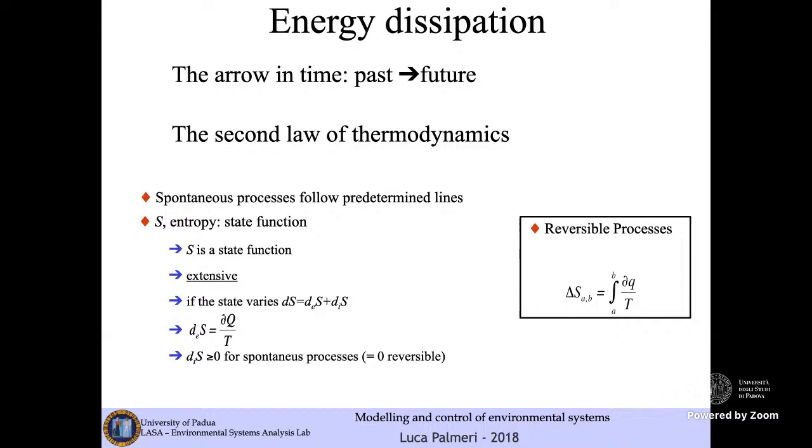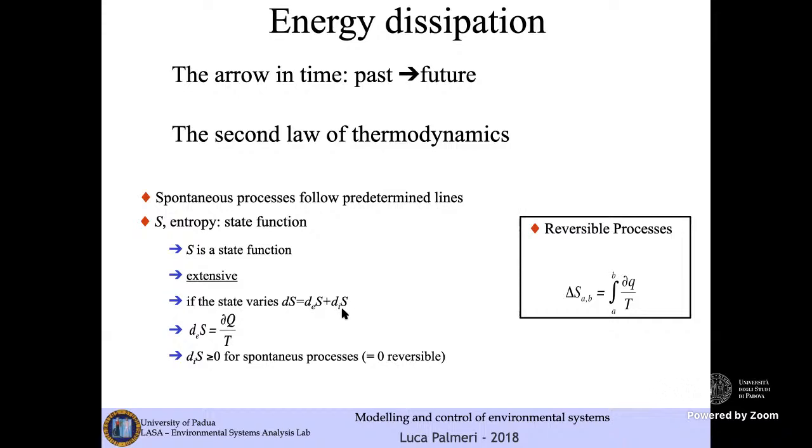And then it is recognized that if the state of the system varies, then the variation of the entropy, indicated by dS, is due to a quota that is related to external processes, external to the system, and a quota that is related to internal processes, internal to the system.